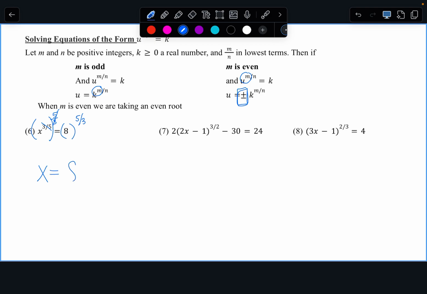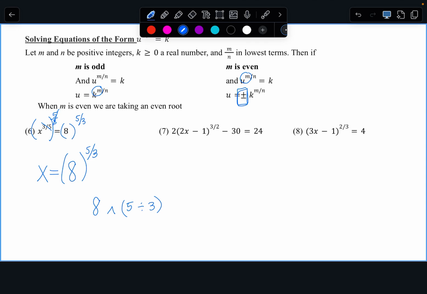X equals 8 to the 5/3. And you can actually type this in your calculator. If you have the calculators that are up there, you can type in 8, the little caret button, and then do 5 divided by 3. And it'll give you an answer.